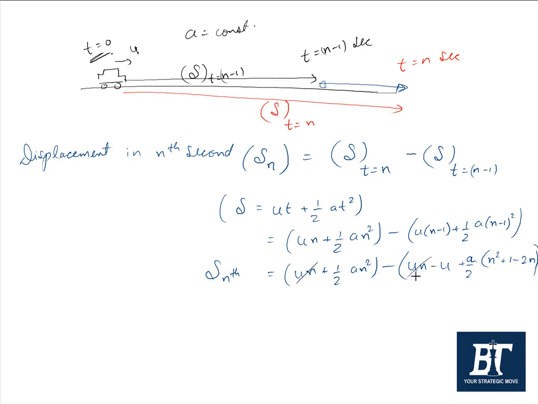So un and un will get cancelled, and half a n square and half a n square will also get cancelled. So displacement traveled by body in nth second will become u plus (1 minus 2n) into a by 2, or u plus (n minus 1 by 2) into a.